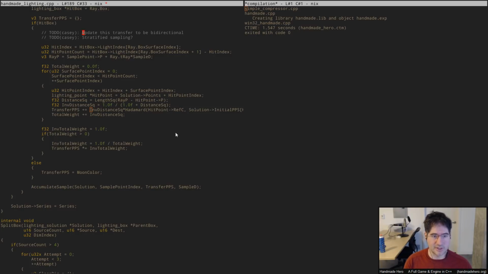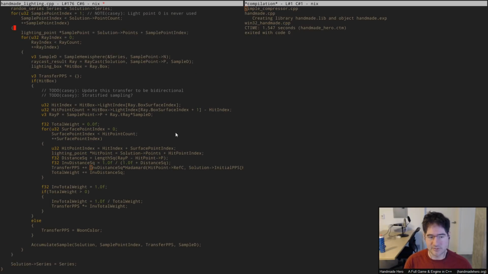So we probably want a stratified sampling scheme. We'll talk about what that is later, but it's just something that makes sure that we don't sample in a very biased way due to randomness on a particular frame. It's a way of sort of making your random numbers less random to improve things.